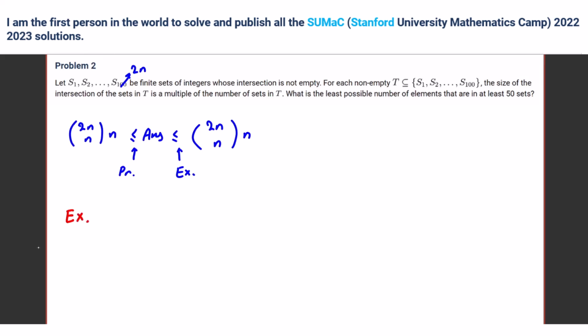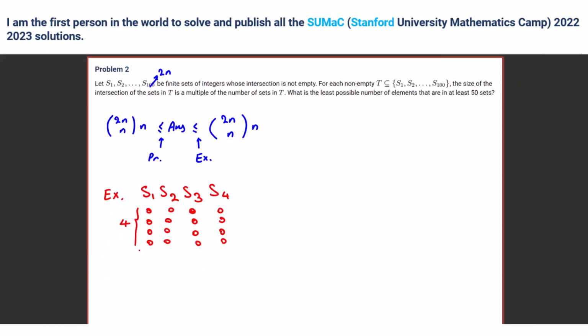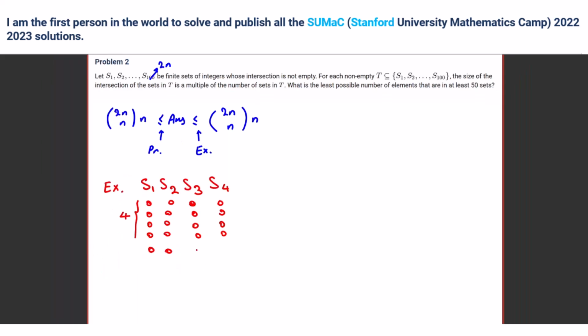So for the example, let me explain for you S1, S2, S3, S4, then 6, then the whole. Because we know 4 should divide the elements that are in all of them, I consider 4 elements in all of them.